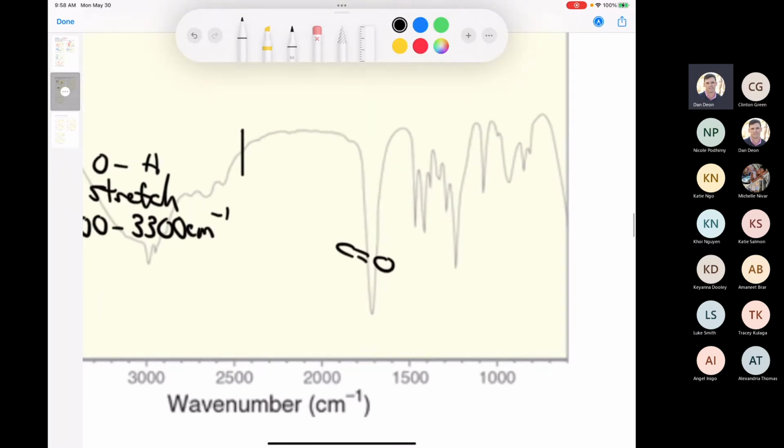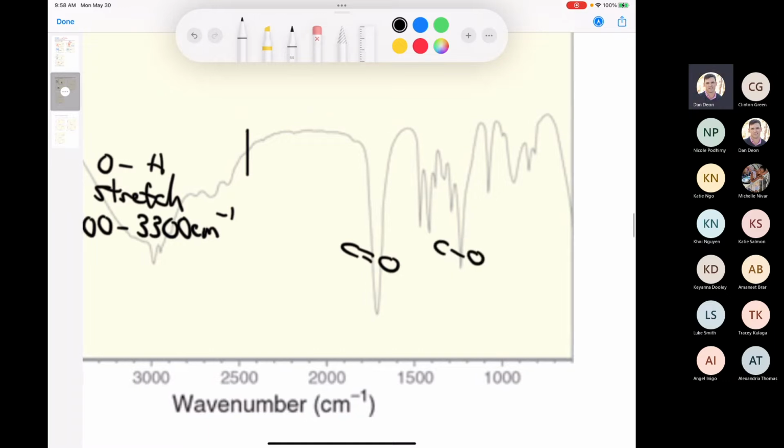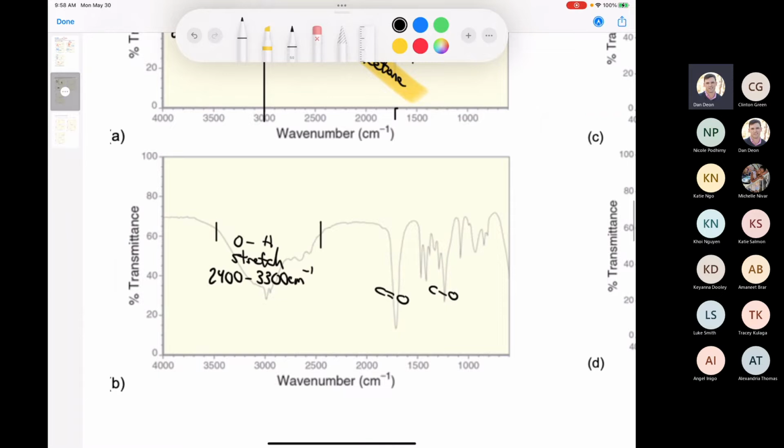We zoom in here and bring the ruler. This would be 11, 12, 13. So this stretch right here is our carbon-oxygen single bond stretching. So this is a stretch, and this is a stretch here too.